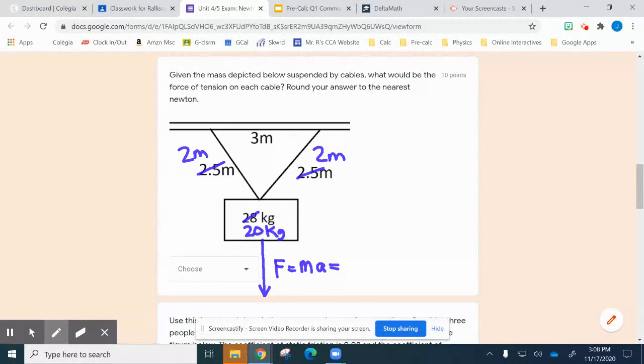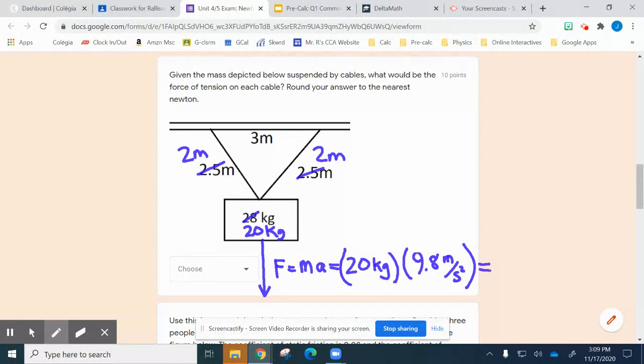All right, so the force on our 20 kilogram block is going to equal the mass, 20 kilograms, times the acceleration due to gravity, which is 9.8 meters per second squared, which is also 9.8 newtons per kilogram. That's another way to talk about the force of gravity because it's a field force. So that is going to equal what?